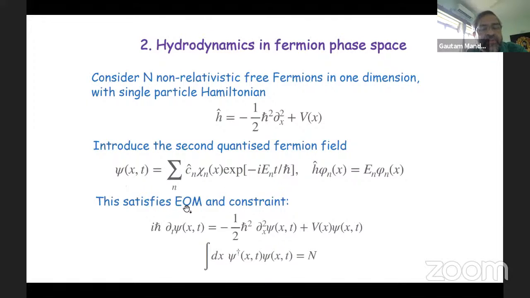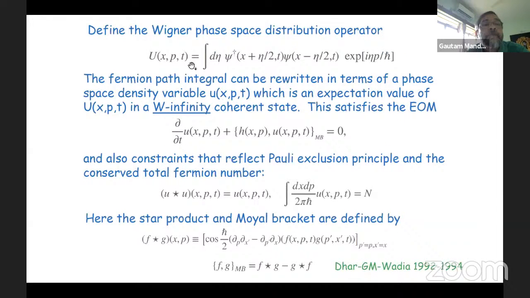The second quantized field satisfies the equation of motion and the constraint, which is the total particle number constraint, and this is the equation of motion. These things are easy to derive. They just follow from the behavior of the single particle equations. Excuse me, these things should have been chi-n, because I have used chi-n here.